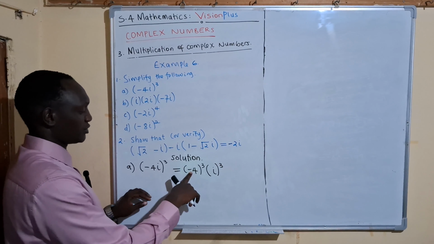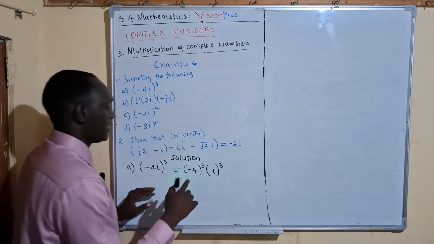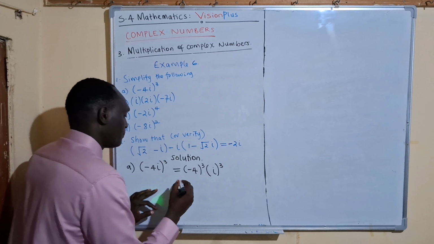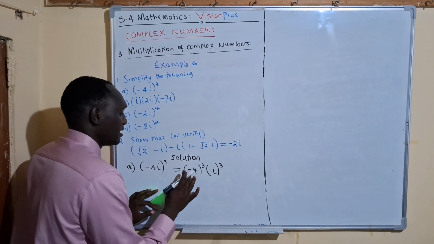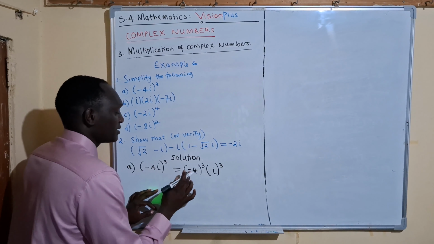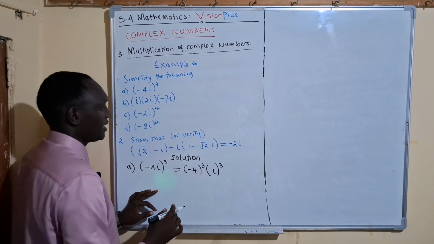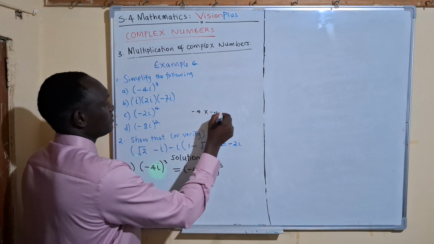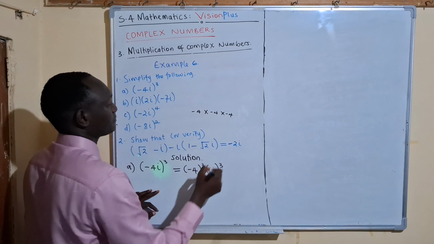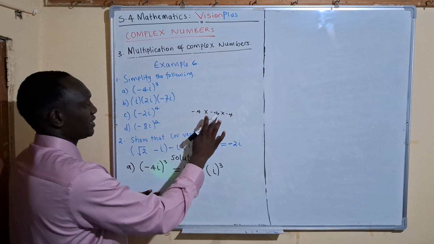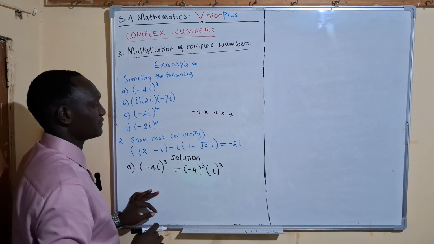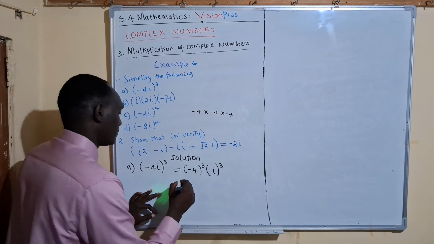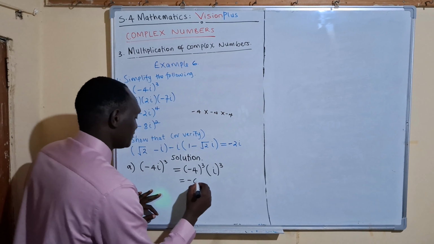So I've chosen to put it on 4, and that will not change our answer. Now, what is negative 4 to the power 3? Negative 4 to the power 3 means negative 4 times negative 4 times negative 4. So what is negative 4 times negative 4? That is positive 16. 16 times negative 4 is negative 64.